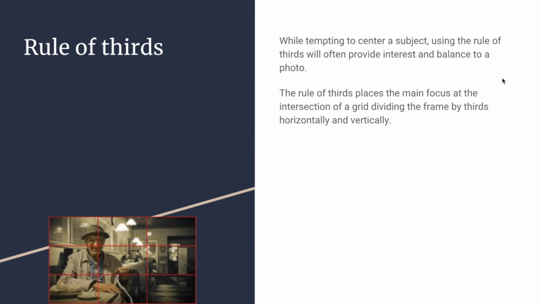In this first photograph, it's small, but this is a very simple photo of a man sitting in a diner, which would have been very easy to place dead center in the photo, because he's clearly the subject.